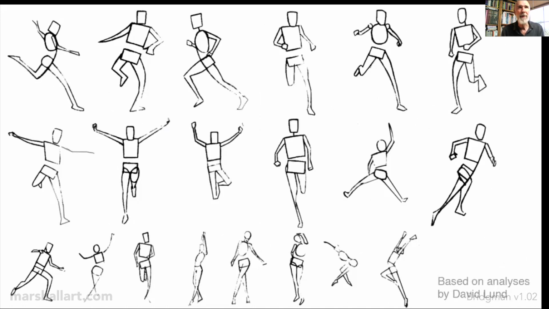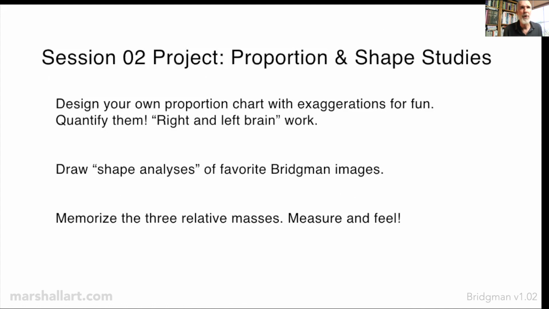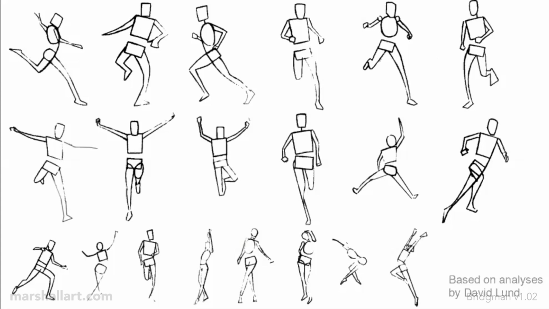Those are the big three with limbs and an appropriate simplicity of shape without any concern for form. Your turn. Memorize those three masses. Know them as components. It's a shape hunt through Bridgman. Go and do likewise.